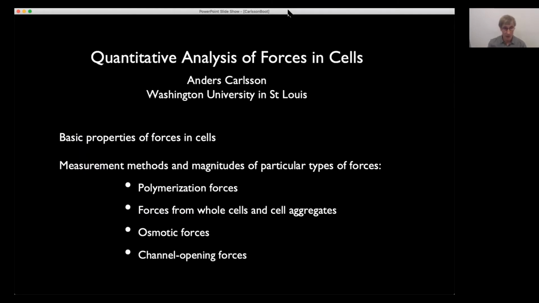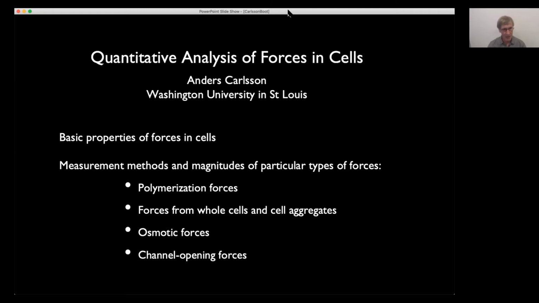So in today's talk, I'll be talking about measuring forces. But first, I need to say a bit about how forces act in cells, because the usual F equals MA analysis is not as useful in cells as it is when we're looking at a baseball, for example.